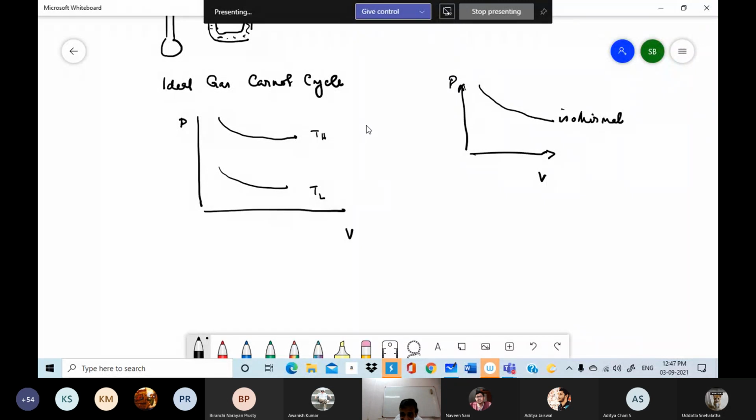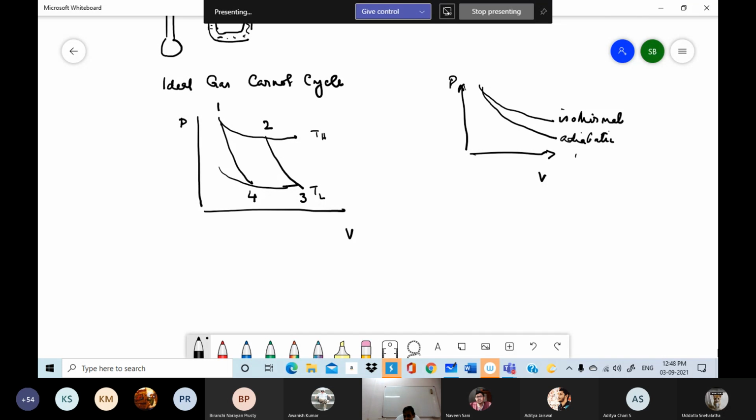So the adiabatic would look something like this, and the adiabatics would be something like this. So on the PV diagram, I could have an ideal gas Carnot cycle, something like this.